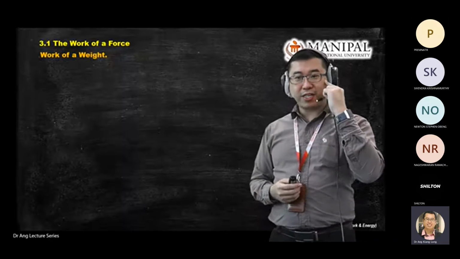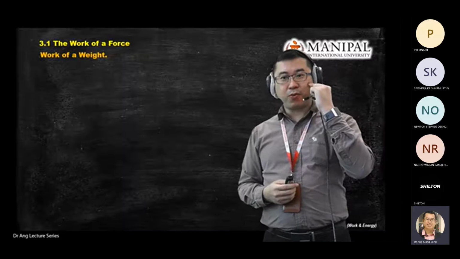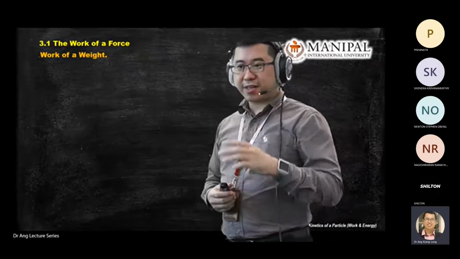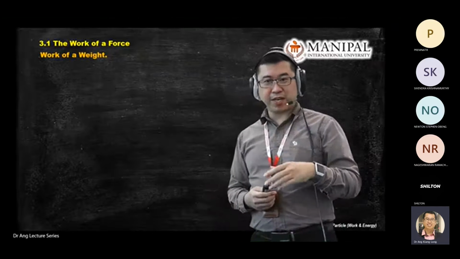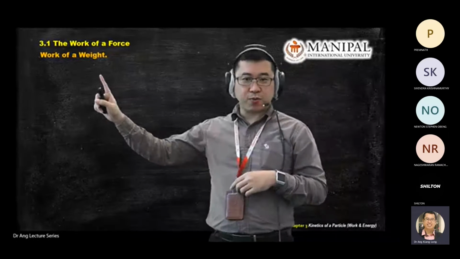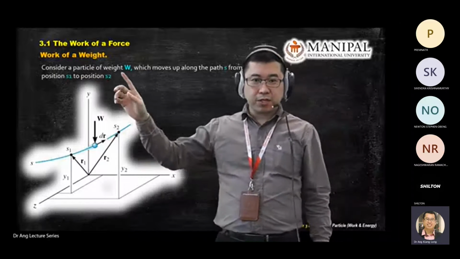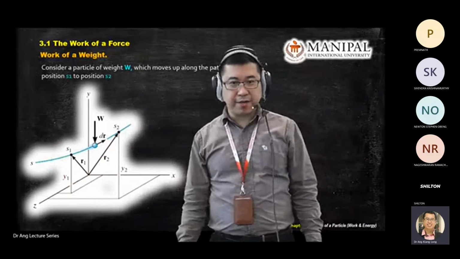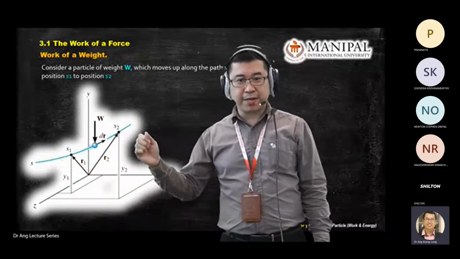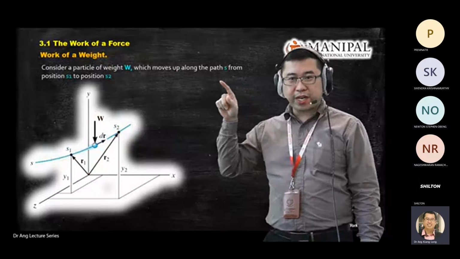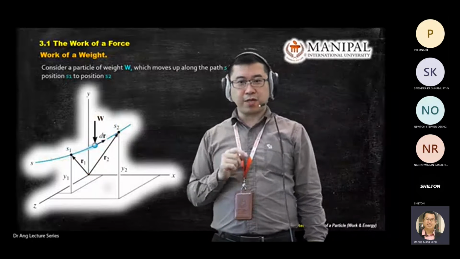Go back to the definition of work. What do I mean by work? If there is a force acting along the displacement, then work happens. Weight is one kind of force, right? This looks complex, but you just need to remember: when there's a force going along with the displacement, there's work done.